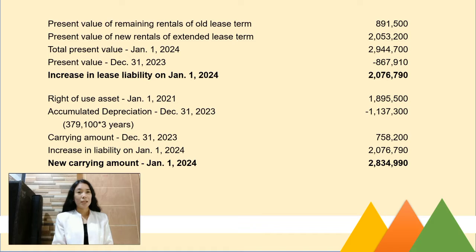Then, we will add the increase in liability na nakuha natin on January 1, 2024, amounting to 2,076,790. So, we will get the carrying amount as of January 1, 2024, amounting to 2,834,990.